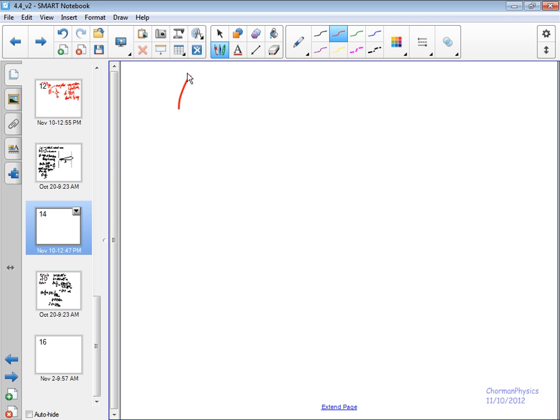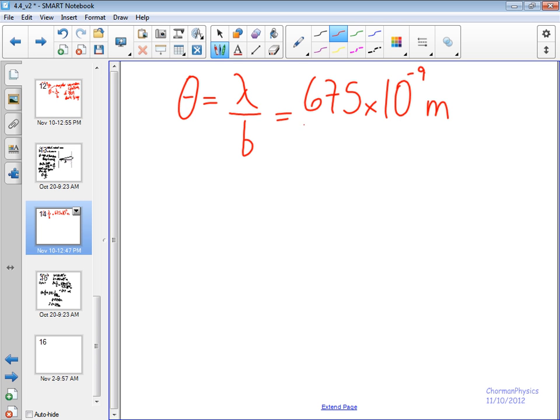Again, this is all in radians, just a reminder. We plug in our values of 675 times 10 to the negative 9 meters, with nanometers, divided by 18 times 10 to the negative 6 meters, 10 to the negative 6 is micrometers.